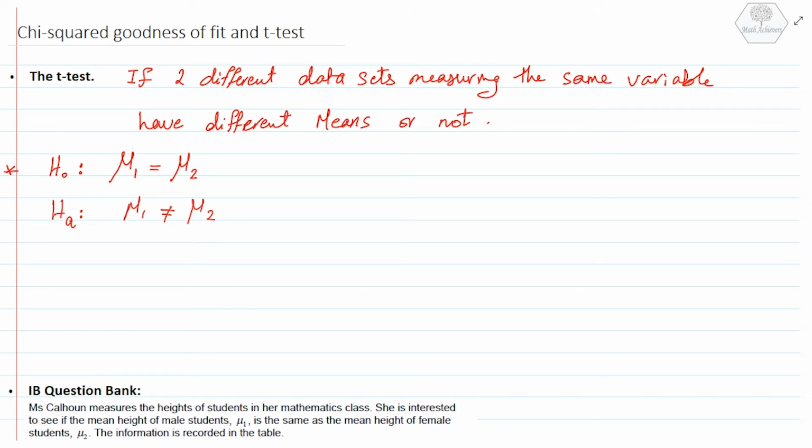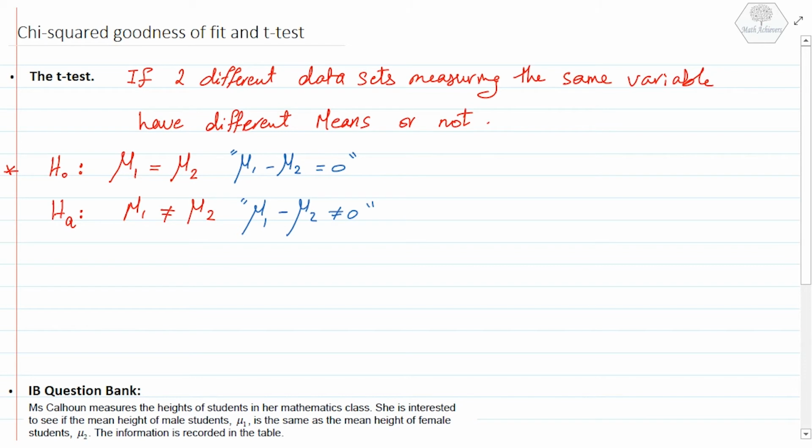Or I can write this as mu1 minus mu2 is equal to 0. And I can write this one, mu1 minus mu2 is not equal to 0.